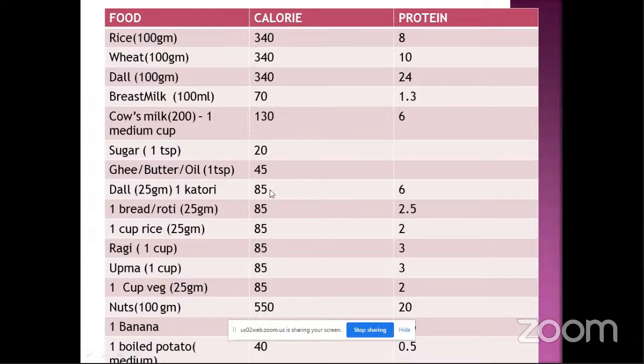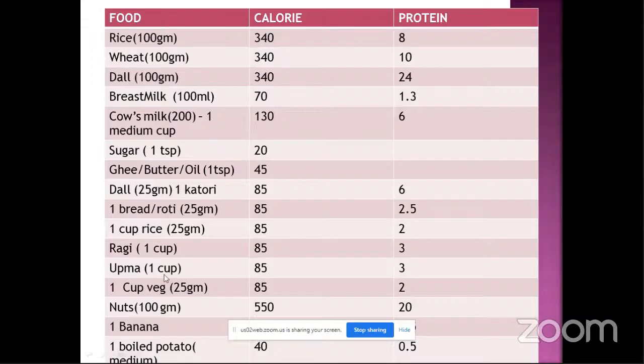If the child is taking 2 katori, it has to be multiplied in that way. So for the dal, 1 katori is 85 kilocalorie, and the protein will be 6. 1 bread or roti, which corresponds to 25 gram of wheat, is again 85, and the protein will be 2.5. 1 katori cup of rice, which will be around 225 gram, is again 85 kilocalorie, and protein will be 2.